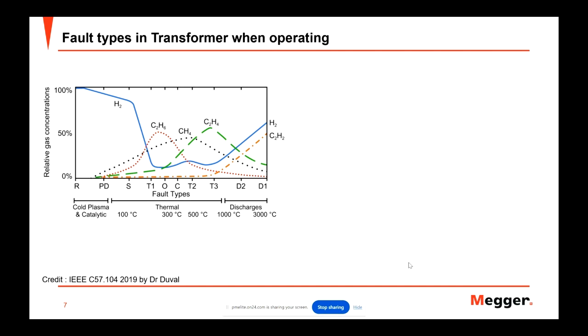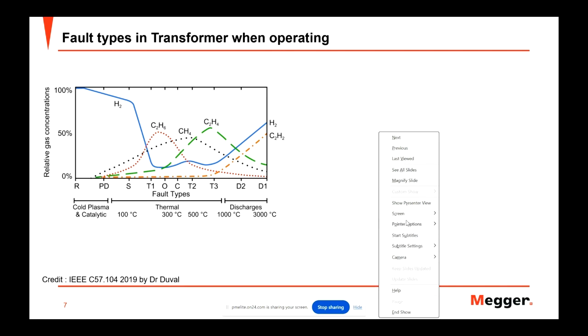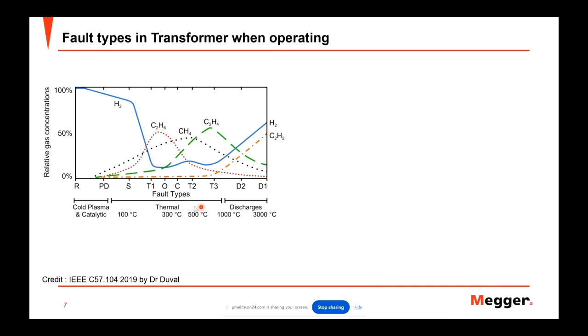This is the graph that shows the concentration of each gas that occurs inside your transformer according to temperature and fault type. First, if you measure and find only hydrogen, that means this is the catalytic reaction of water with the steel, which can create hydrogen inside of your transformer.